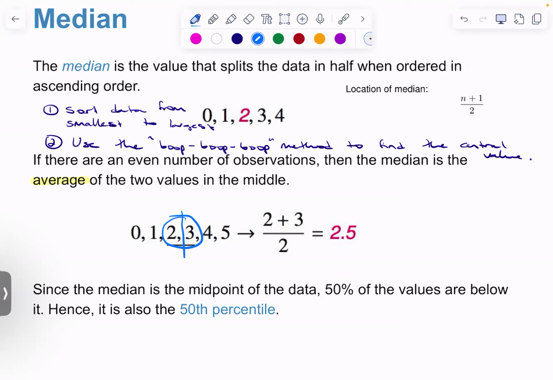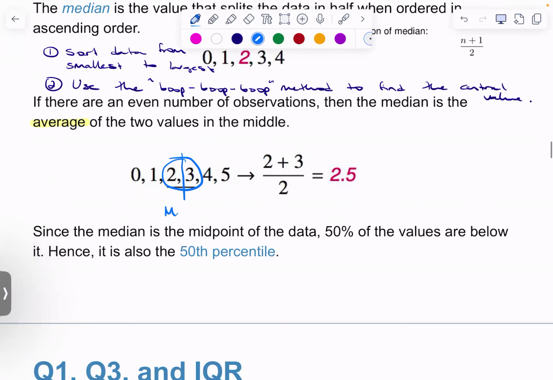It's neither of these values, okay? It is at this bar, and so the median is 2 plus 3 divided by 2, which is 2.5, which is kind of confusing because those are also the values. I'll finish this slide and then we'll do an example with slightly bigger data sets because these are too small.